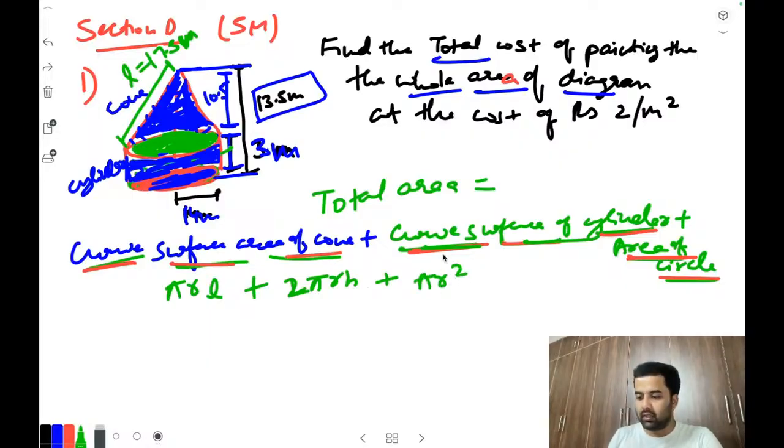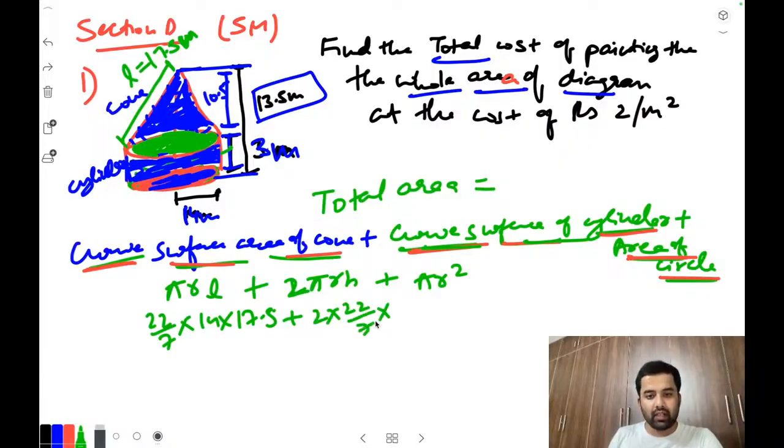Now keep all the values. Pi RL stands for 22 by 7 into R value, which is 14, into L. L is 17.5. Plus 2 into 22 by 7 into R, again 14, into H. H is 3. Keep it properly, okay?